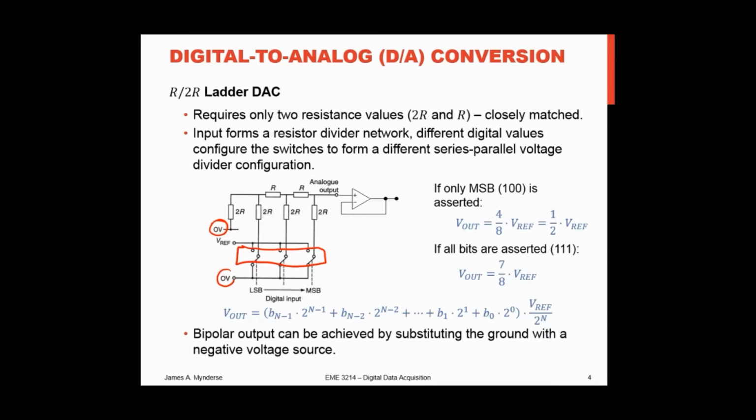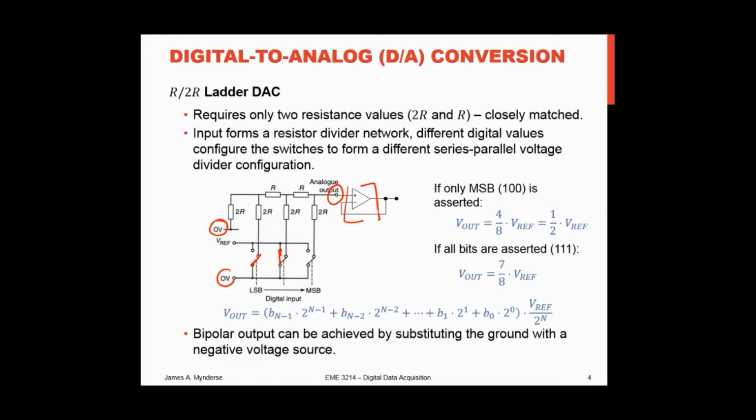And as you switch those switches, these resistors are connected either to ground like this, or they're connected to VREF like that. And the sum of all those voltages from that divider gives you an analog voltage here, which correlates to the analog voltage you want to output.